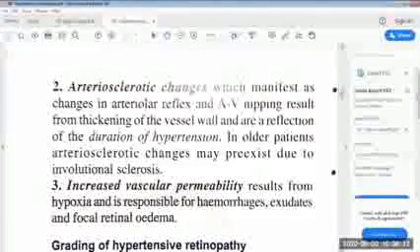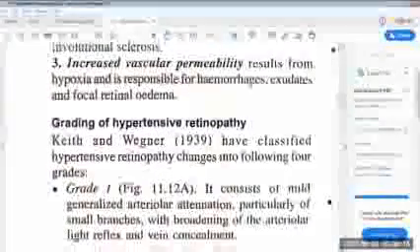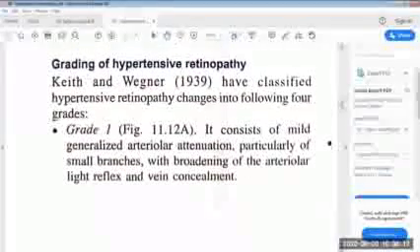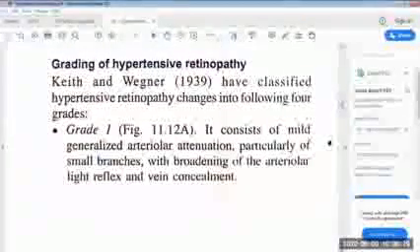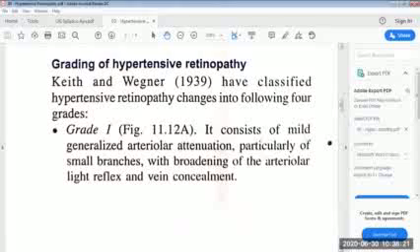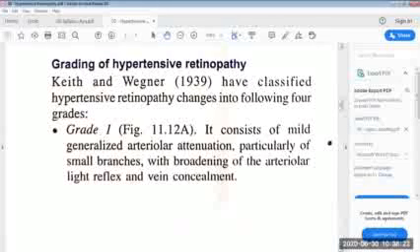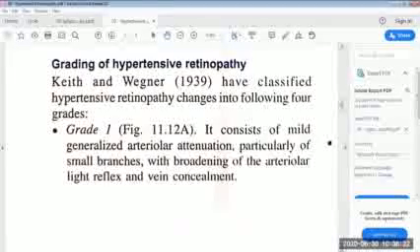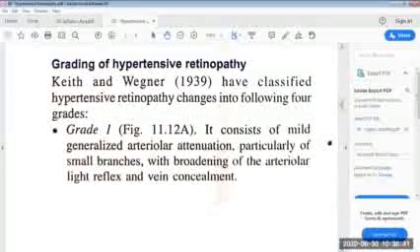The next point is the grading of hypertensive retinopathy. Keith and Wagner in 1939 classified hypertensive retinopathy changes into the following four grades. Grade 1 consists of mild generalized arteriolar attenuation, particularly of small branches, with broadening of the arteriolar light reflex and vein concealment.